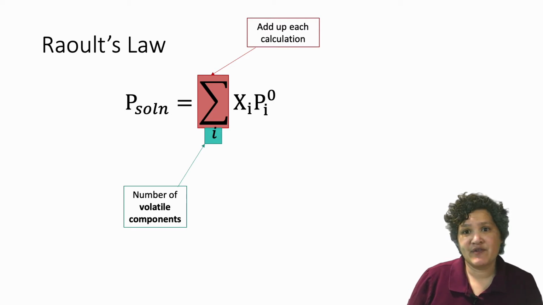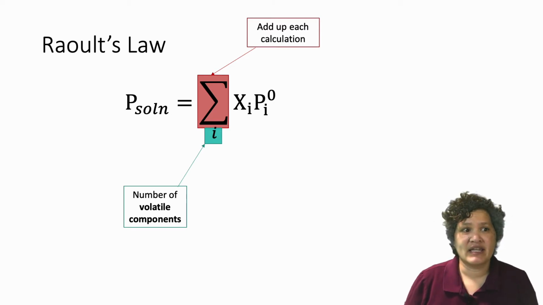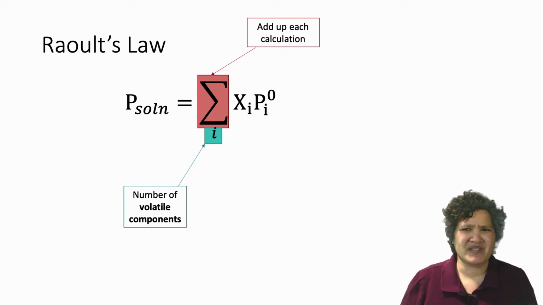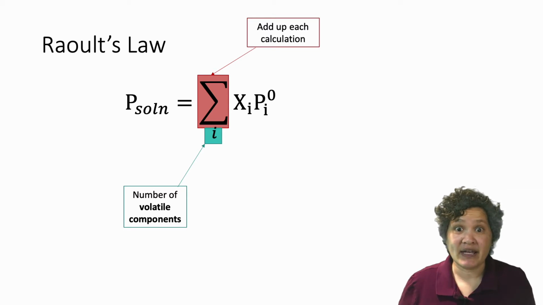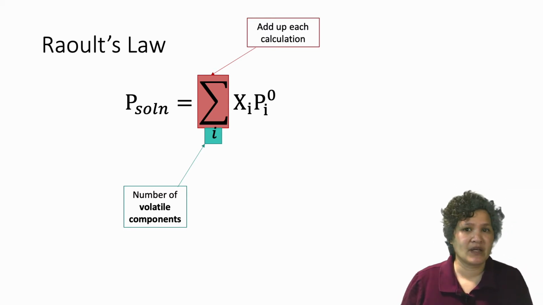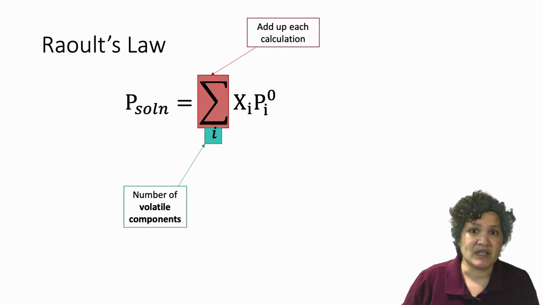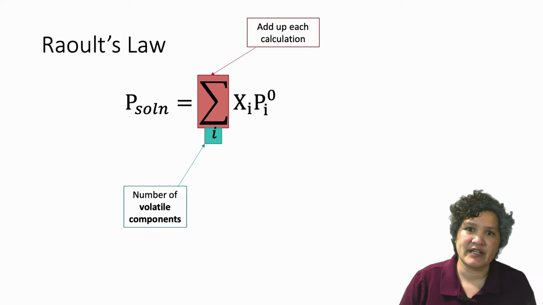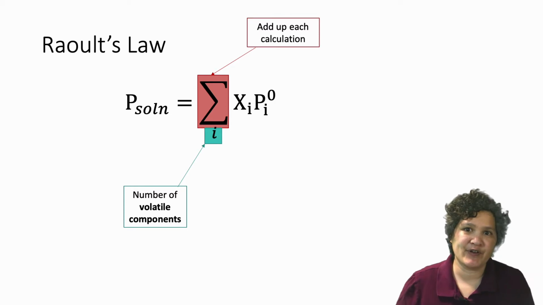Well, that's given by this number here, and that number basically tells us the number of volatile components in solution. What's a volatile component? Something that can evaporate, something that has a vapor pressure. So that's generally going to be any liquids in the solution. All right, so we're doing this calculation for every single volatile component in a solution, and we're going to add up the results of all those calculations.